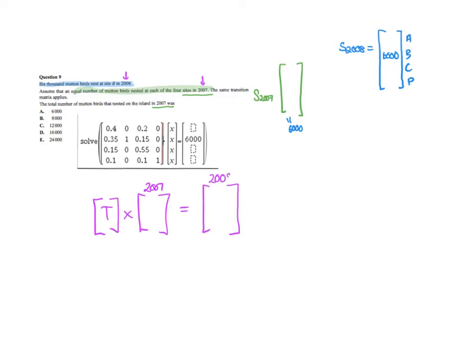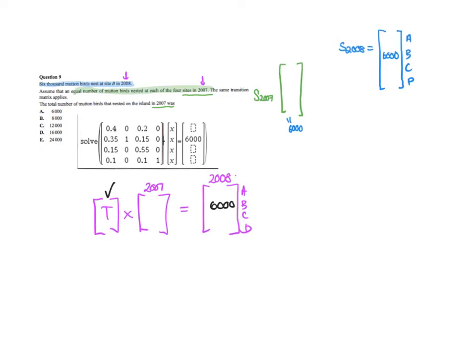Okay, now what they did tell me about 2008 was that there was 6,000 in B.